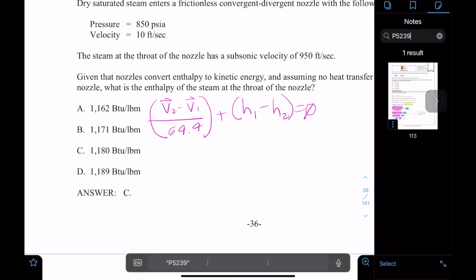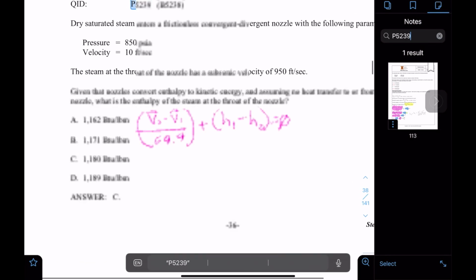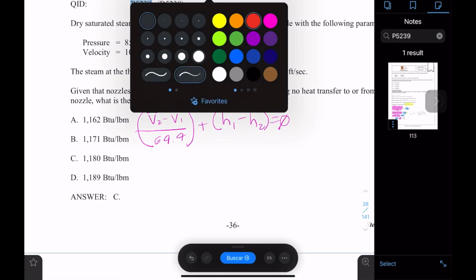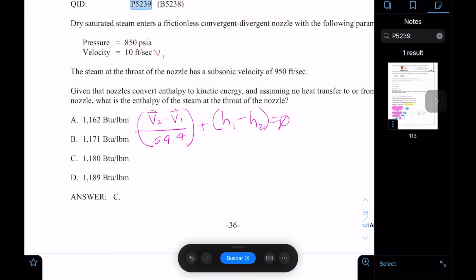So that's the formula. Here you have the velocities, velocity 1 and velocity 2, and you're also given a pressure.